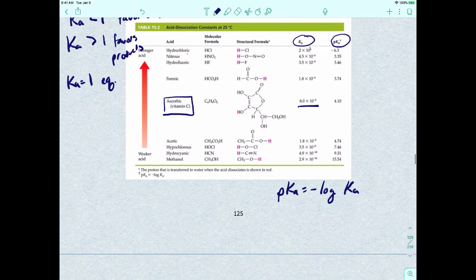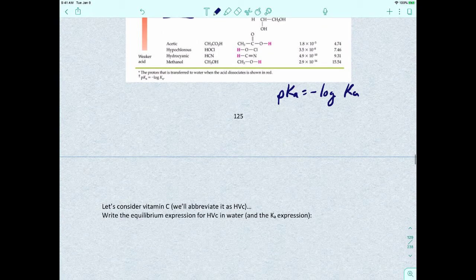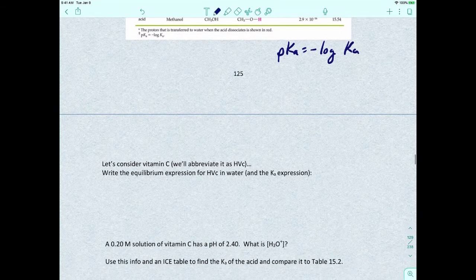Let's consider this just to walk through the process of what this would look like. We're going to consider vitamin C. Instead of writing out ascorbic acid or drawing the structure, we're going to write it as HVC, where the H means the acidic form.